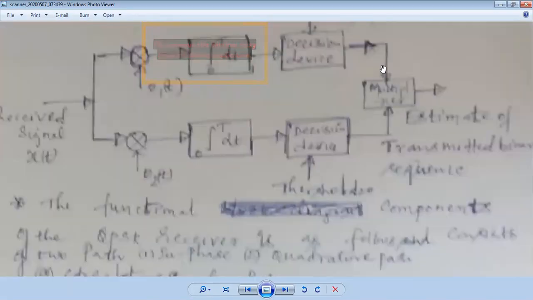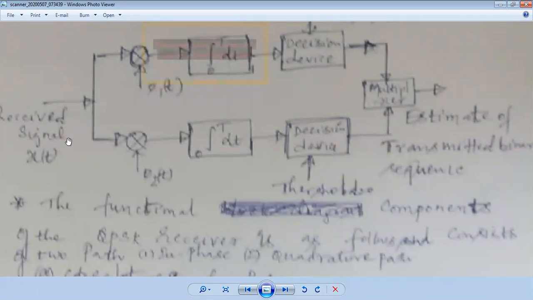Whether this signal is one has to be identified with the decision device. The decision device will compare with the threshold voltage 0. This is the voltage x1 of t. Whatever comes here will be checked with the decision threshold of 0, and all together it is multiplexed to estimate the transmitted signal.